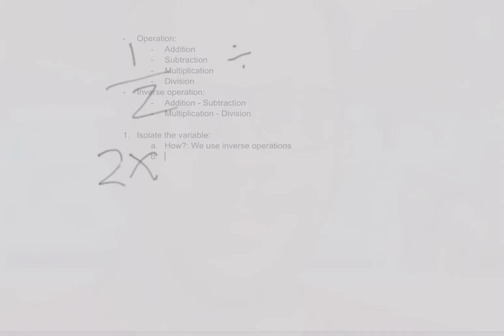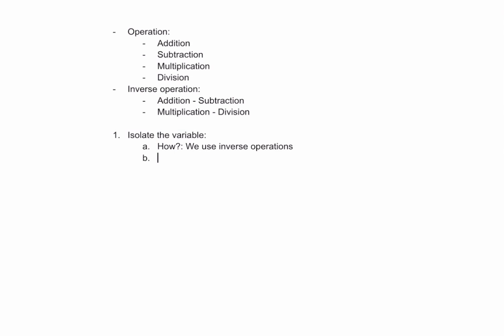All right, so let's go back to the notes, and you need to write down that fractions are the division operation. A coefficient next to a variable is the operation of multiplication, okay? Put that in your notes, and let's go back.